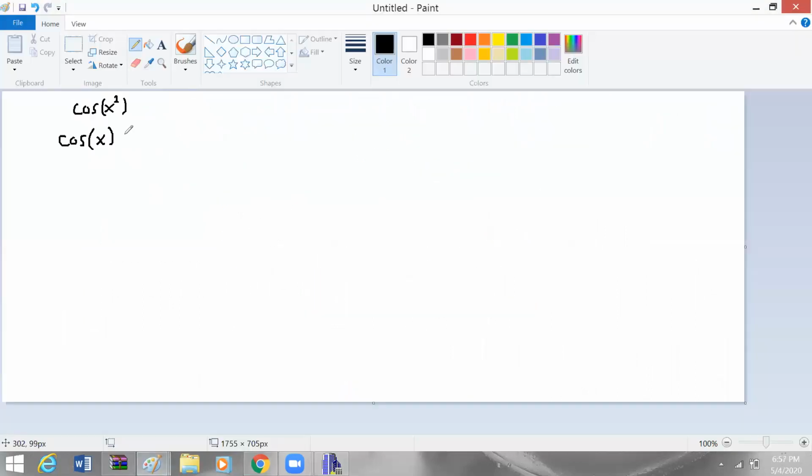So let's say I want to write down the power series of cosine of x squared. So I can use the cosine of x and then figure out cosine of x squared.